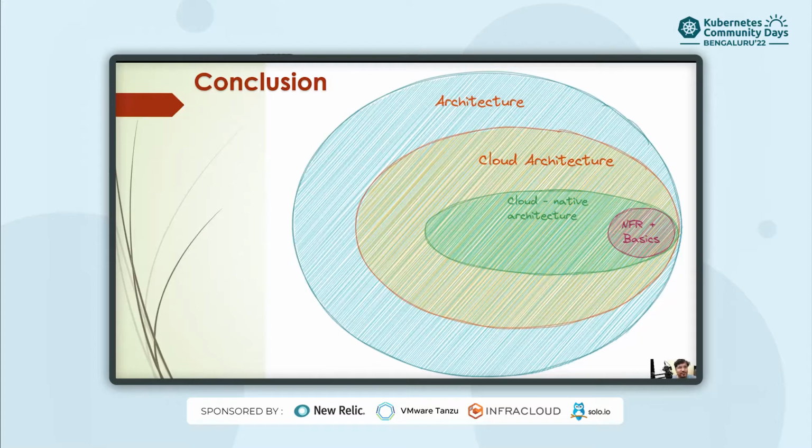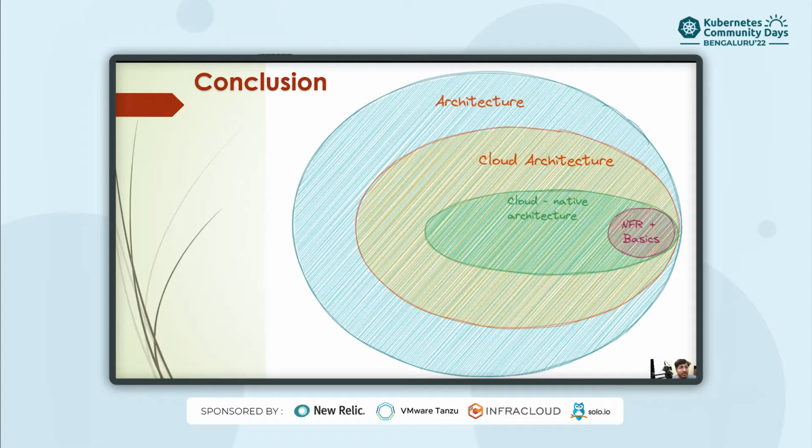The toolchains have evolved. The flavors have evolved, but the basic tenets of cloud native architecture, the non-functional requirements like scalability, performance, have not changed. If you can design something which respects the non-functional requirements of your business, then you will automatically get a well-architected system.